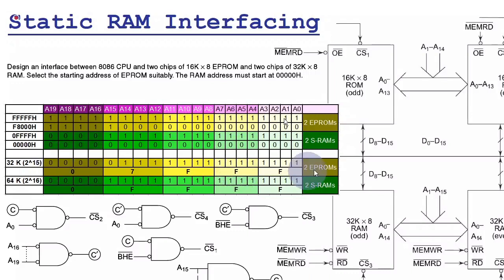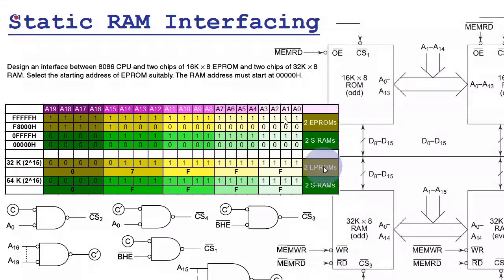If you group them in sets of 4, you will get the number 07FFF. 07FFF is the total size that these two EPROMs will consume in hexadecimal, that is 2 raised to the power of 15. So this is the size that the two EPROMs will consume combined.